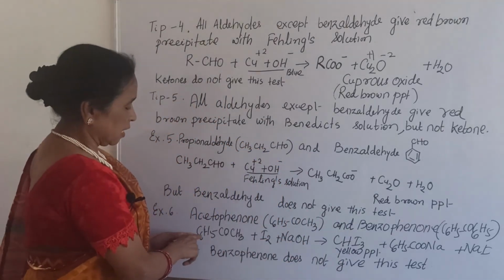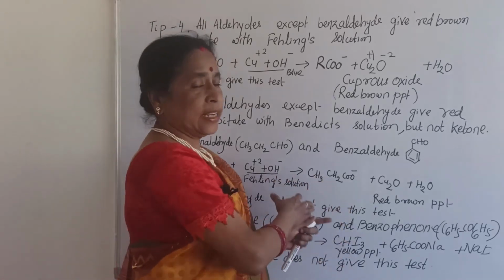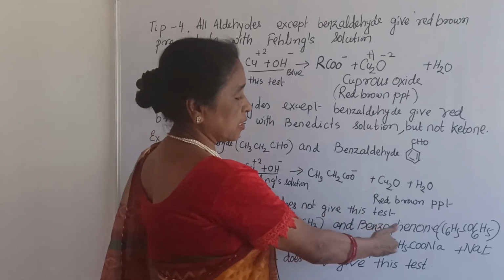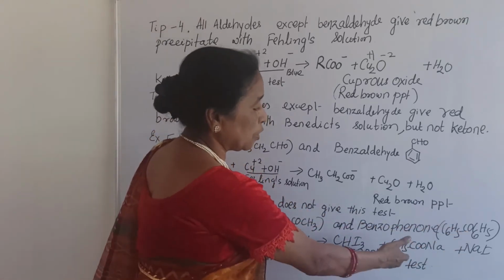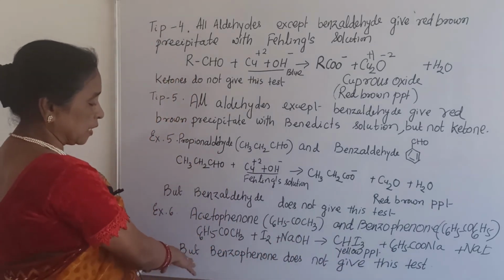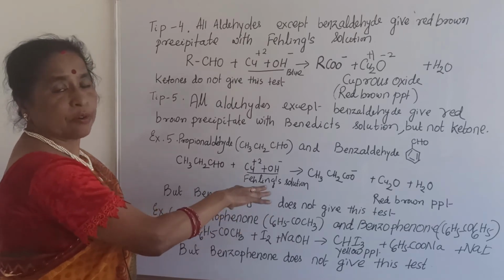So take acetophenone and iodine and NaOH and heat it, you will get a yellow precipitate, that is iodoform, and the others are byproducts, sodium benzoate and sodium iodide. Here also again you should write, but benzophenone does not give this test. This test means iodoform test.